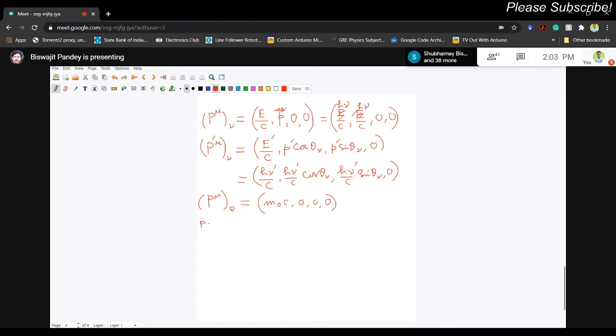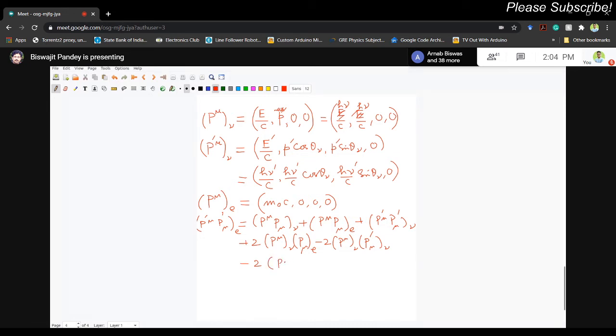If you remember, this was p mu prime of the electron, equal to p mu of photon plus p mu of electron plus p mu prime of the photon, plus twice p mu photon and electron mixture, then minus twice p mu of the photon and p mu prime of the scattered photon, and then minus 2 p mu of the electron and p mu prime of the scattered photon.